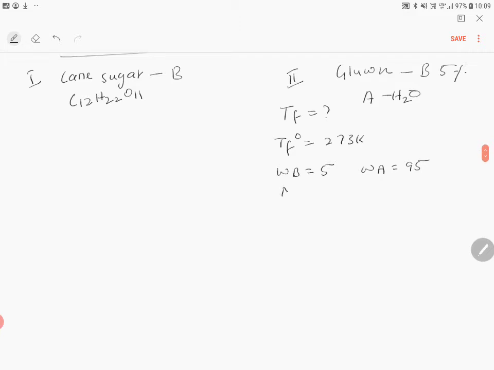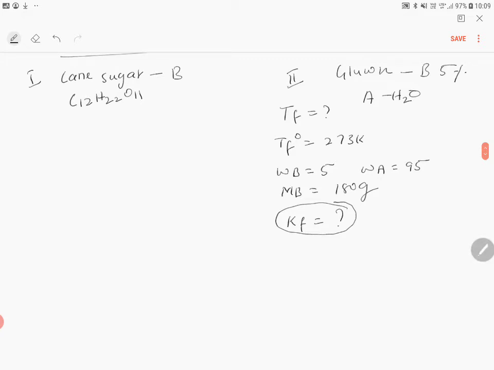Next, molar mass of solute is equal to 180 grams. Glucose, if you calculate, you will get that. So once we know the value of Kf, we can calculate this. But in the question, Kf is not given, so from case 1 you can calculate the Kf.